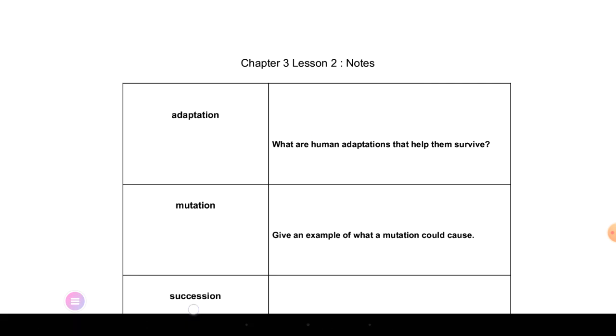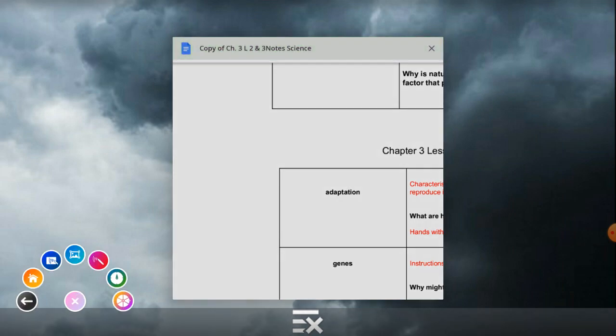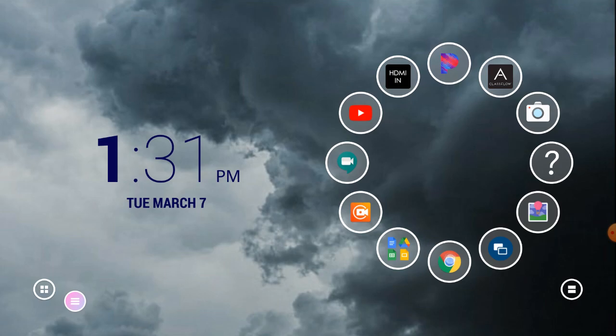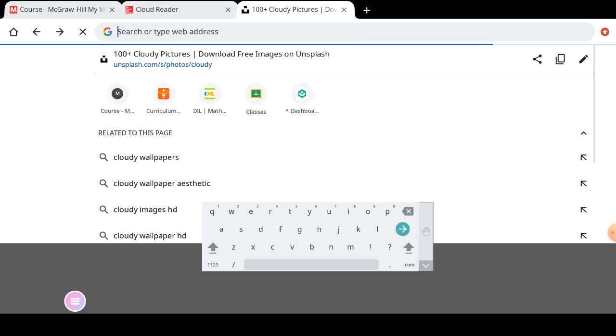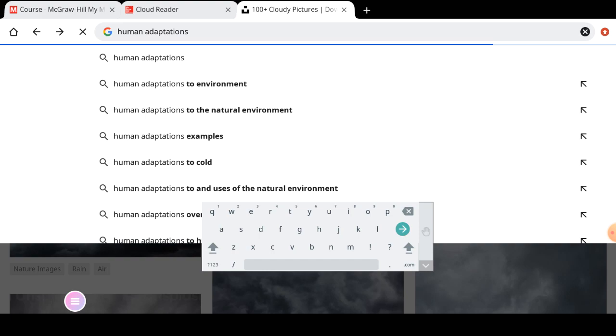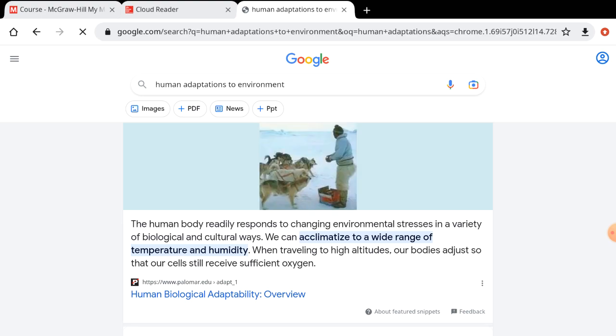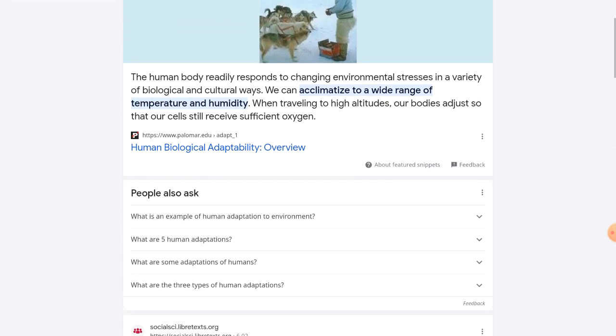So what I'm going to do is I'm just going to pull up Google. No telling what we're going to find. Let's see here. Let's see.